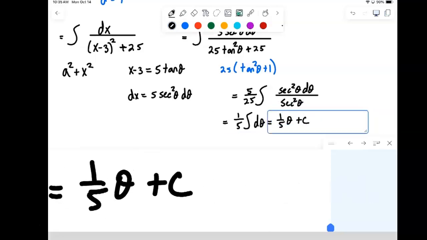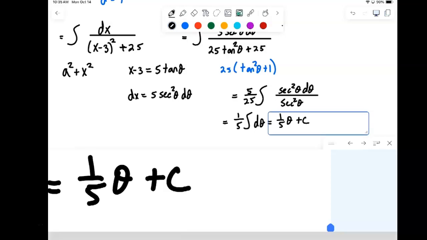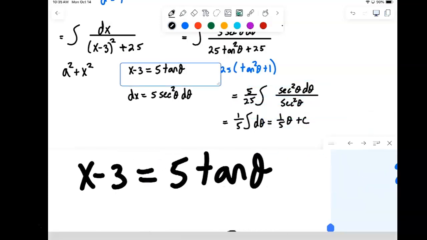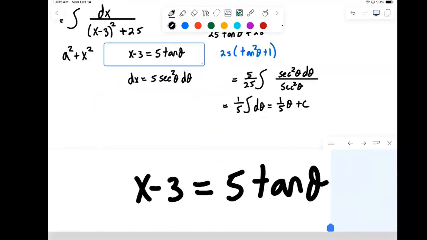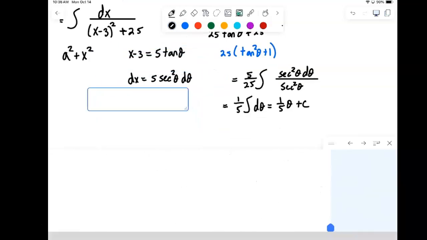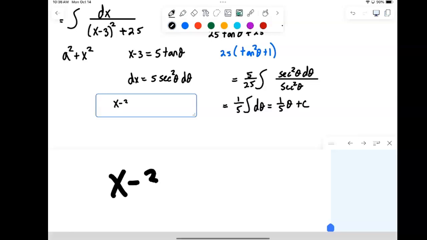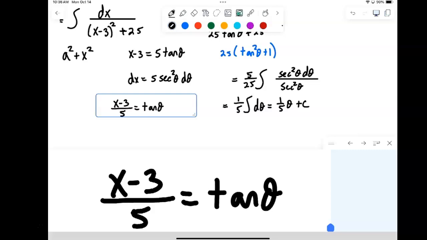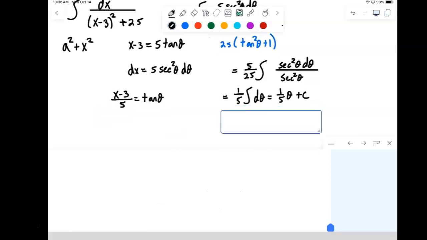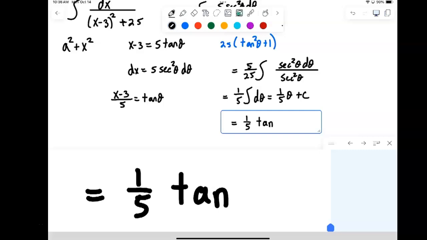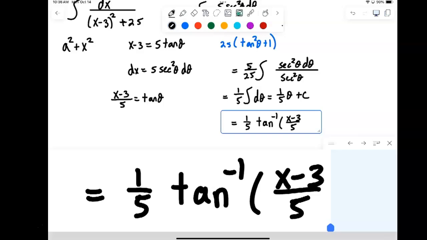And then we go back here and say, okay, now we need to convert back to x in this case. So doing that, taking my x minus 3 equals 5 tangent theta, I can divide both sides by 5. So we get that tangent theta is equal to x minus 3 over 5. So that means that theta is the inverse tangent, or arctangent, of x minus 3 over 5.